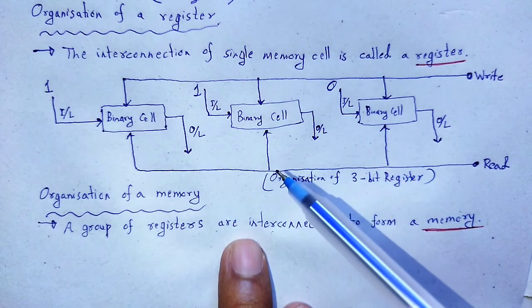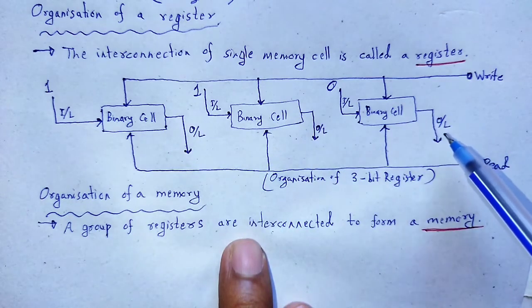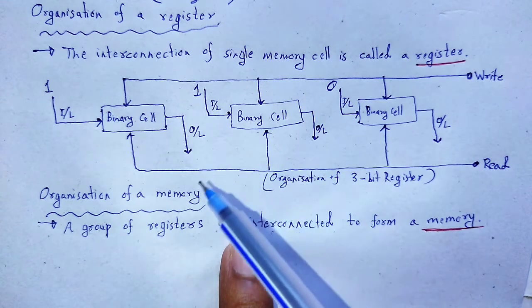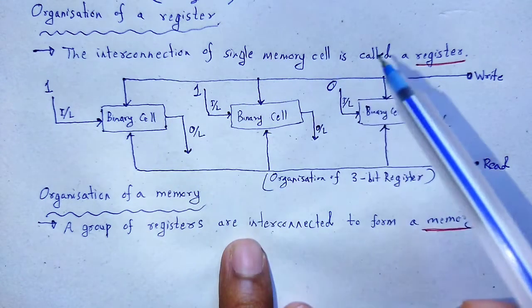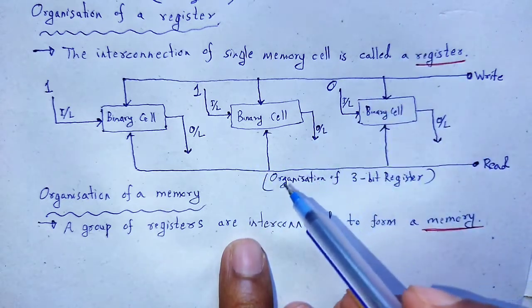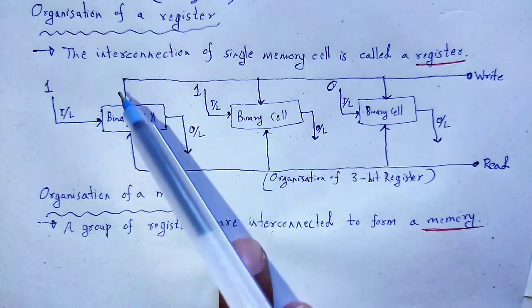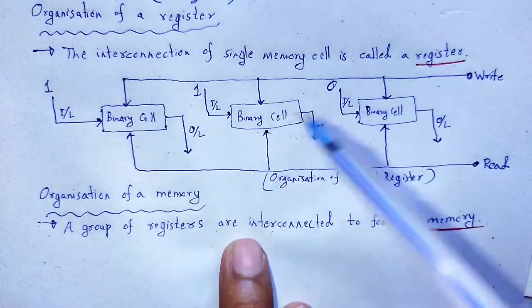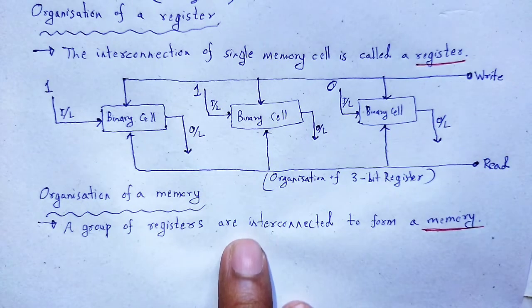The contents will appear at their output data lines at the same time. That is, the register stores 3 bits in its 3 cells, 1 1 0. So this is the organization of a 3-bit register.